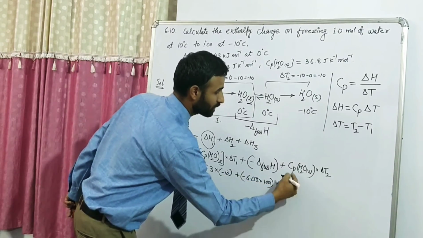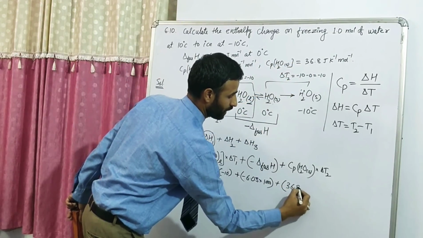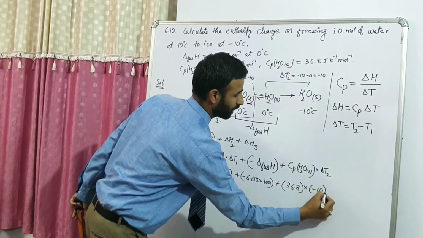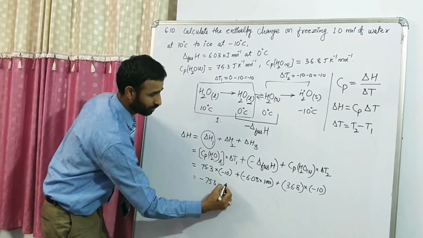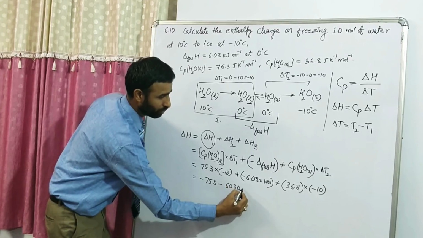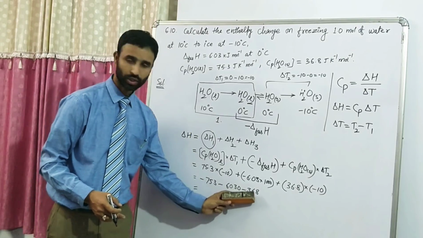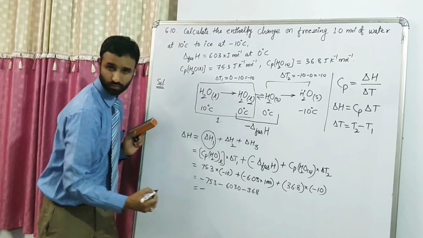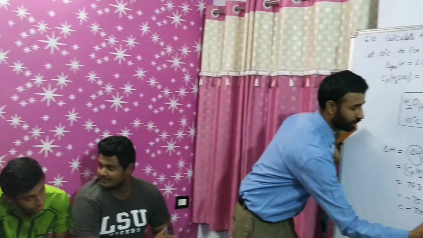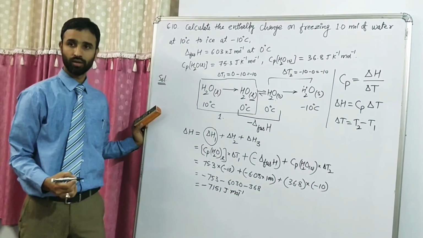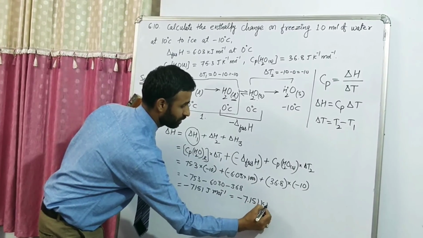Plus Cp of H2O solid is 36.8 into minus 10, again minus 10. So now it is minus 753 minus 6030 minus 368. The sum of these three numbers is minus 7151 joule per mole, or in kilojoule, it is minus 7.151 kilojoule per mole.